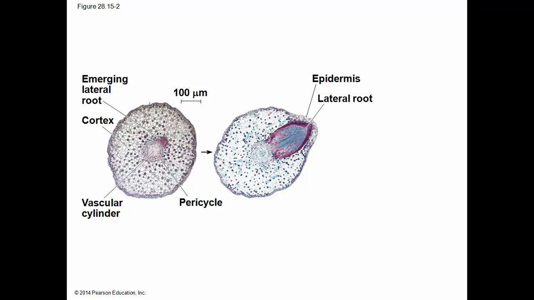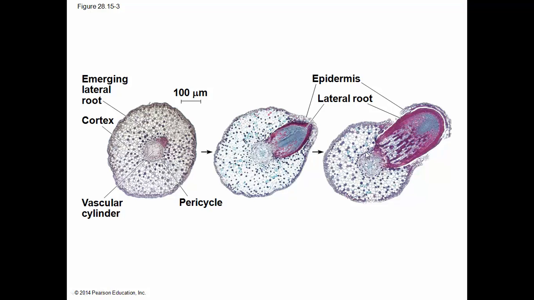Okay, so here you can see the root starts just outside the pericycle, and then it develops into greater and greater strength, and then it grows out and eventually becomes the lateral root. So you can see the emerging lateral root growing from the center of the root itself, the pericycle, and then it grows outwardly through the epidermis, and it creates its own structure.